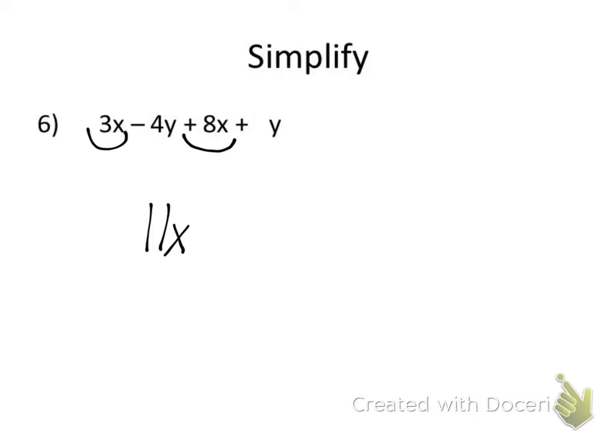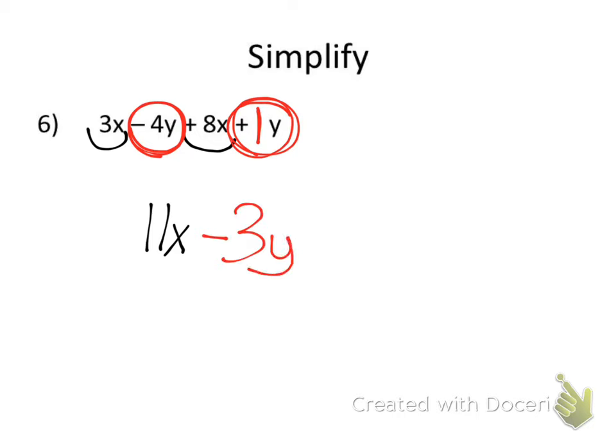Now, we are taking away 4y, so that's like having a negative 4y. What are we adding to it? 1y. So you have negative, stays with the 4. What's negative 4y plus 1y? Negative 3y. So I'm going to put a minus 3y. Now, some students have a really hard time grasping that a negative and a minus are the same thing.